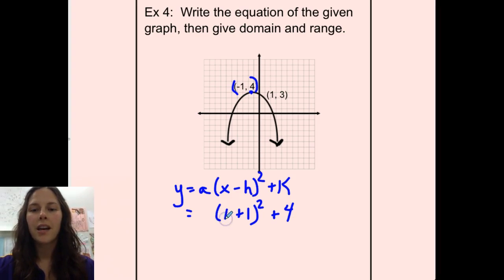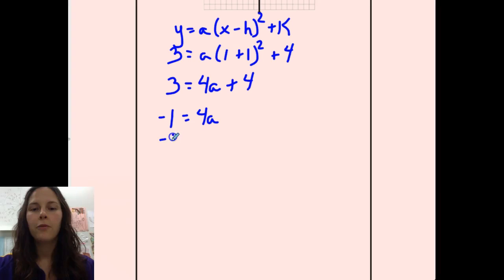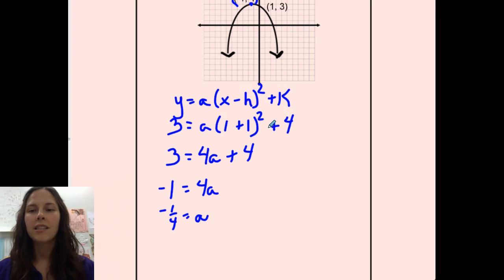The 1 was the x-coordinate and the 3 is the y-coordinate. Solving for a, on the right-hand side, we have 1 plus 1 is 2. 2 squared is 4. Subtracting 4 from each side and dividing by 4. Notice our a value is negative and the graph opens down, so that makes sense.